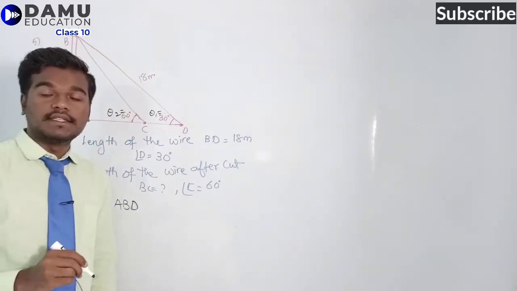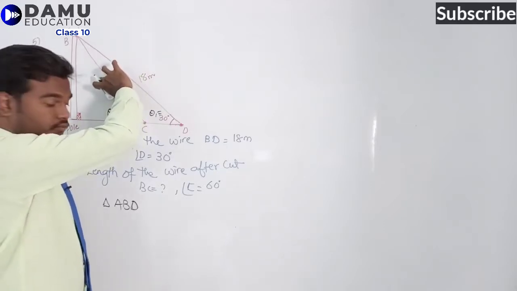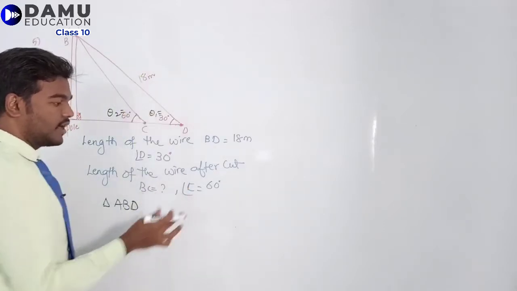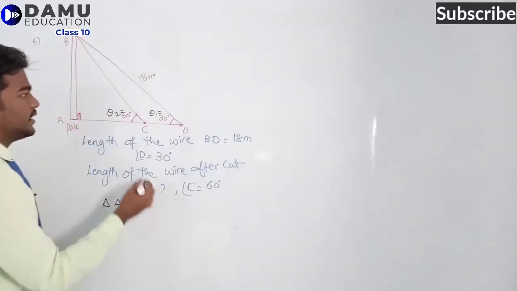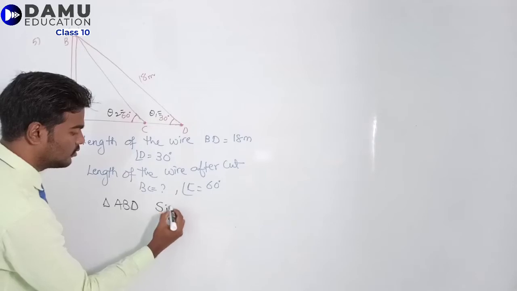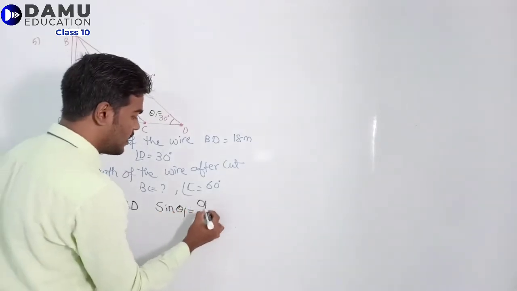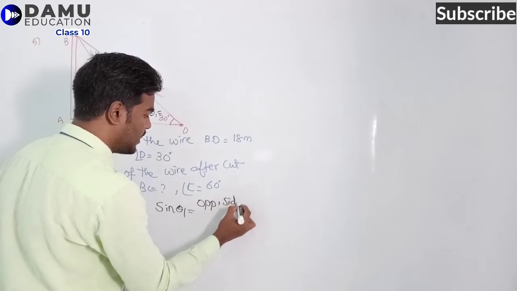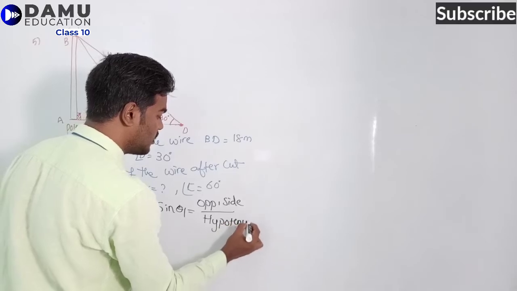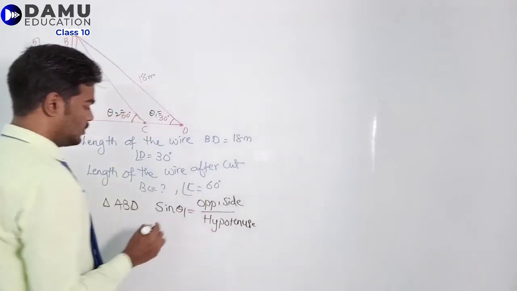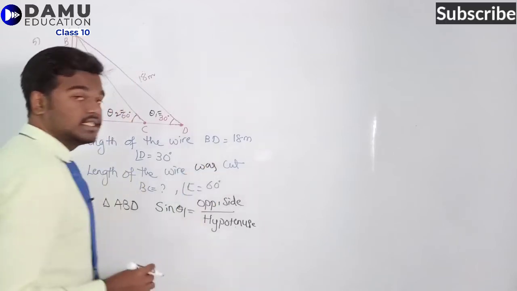We have to find the length of the wire that was cut. So in triangle ABD, sine theta 1 will be equal to opposite side by hypotenuse.